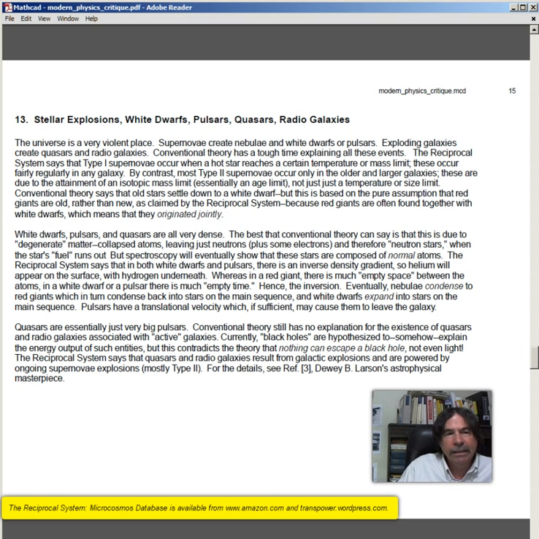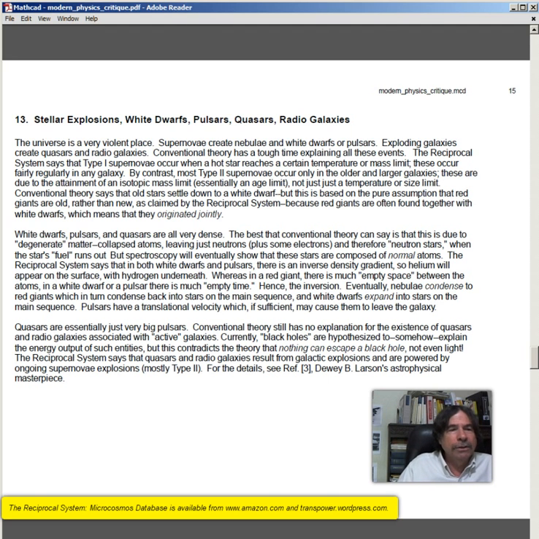These are due to the attainment of an isotopic mass limit, essentially an age limit, not just a temperature or size limit. Conventional theory says that old stars settle down to a white dwarf, but this is based on the pure assumption that red giants are old rather than new, as claimed by the reciprocal system, because red giants are often found together with white dwarfs, which means that they originated jointly.